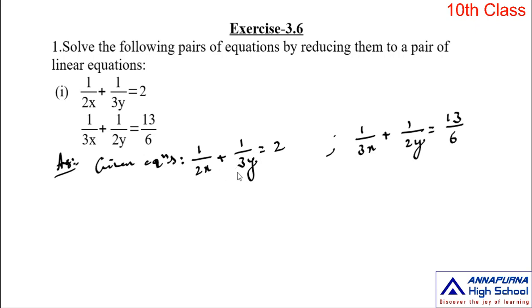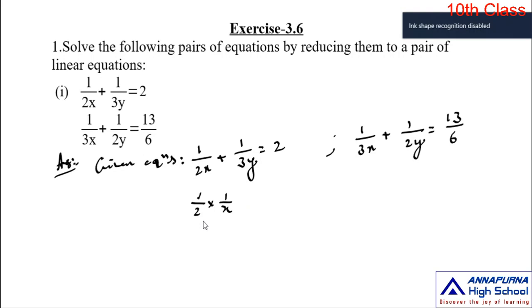Here, what is the first term in the first equation? That is 1 by 2x. Here I have written this 1 by 2x as 1 by 2 into 1 by x. That means here I split the constant factor and the variable factor.